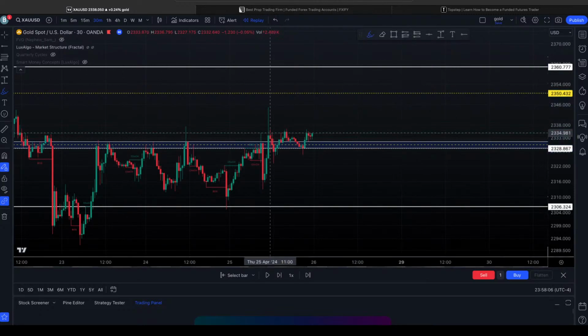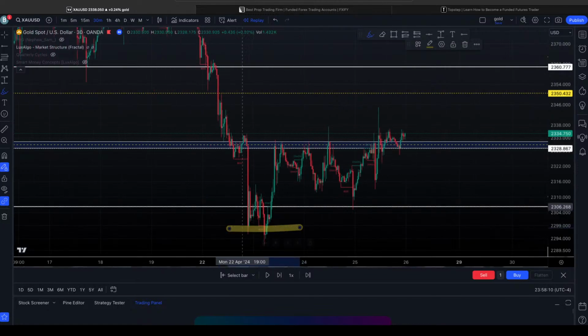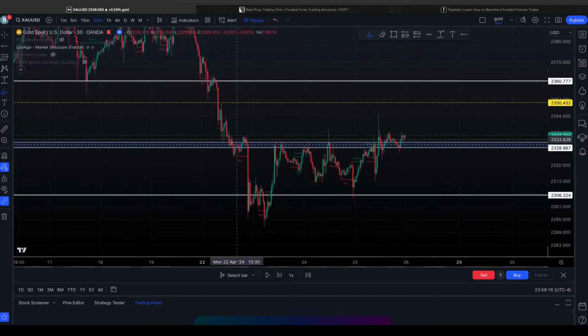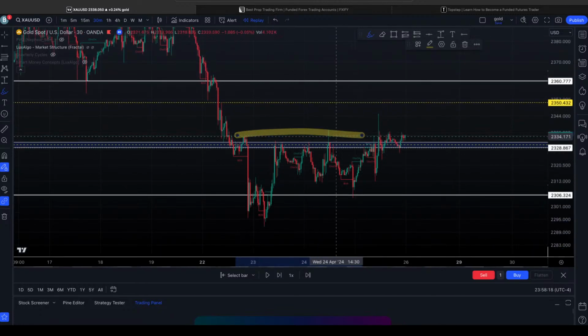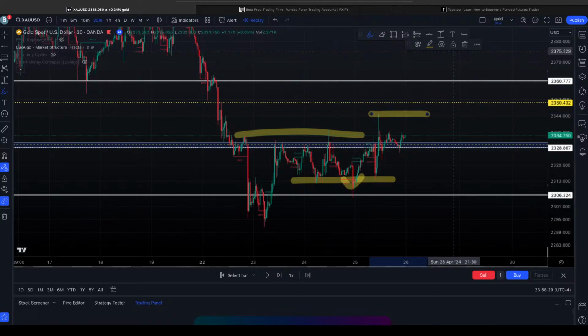I do see it going up because of the play that we took, which was a buy down here the other day. This buy tells me we needed to break these highs, and we did, and then we needed to break these lows, and that's what we did. So what I think we could at least do is come back up to this area.